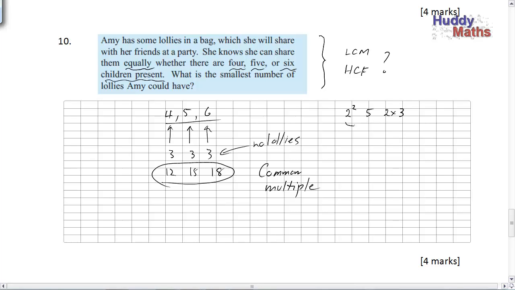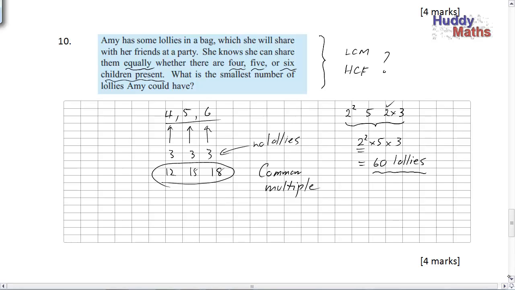So if we want to construct a multiple, we need to have 4 go into it, so it's got to have a 2 squared, it's got to have a 5, because that's a factor of 5, and then we don't need another 2, because we've got a 2 there, into which that 2 would go, and then we've got a 3. So the answer is 60. 60 lollies is what she would need. Get the idea of how you can use maths in everyday stuff, in problem solving, if you can suss out what's really going on. Okay, go back over and think about that.